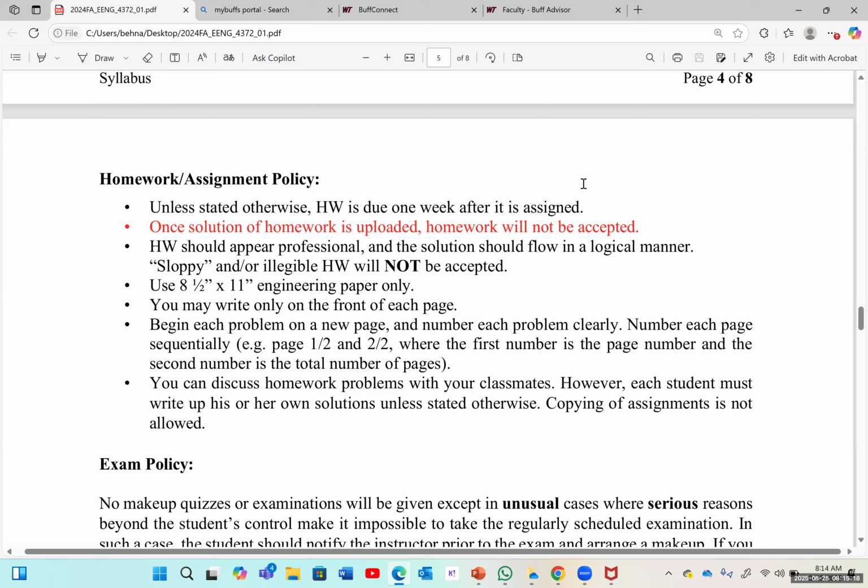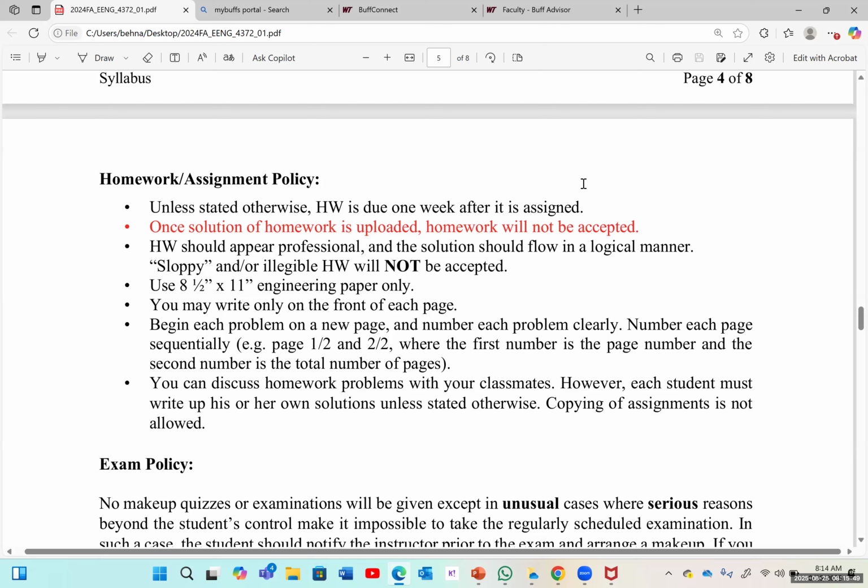So as mentioned, the homework is due 1 week after it's posted. And once the solution of the homework is uploaded, the homework will not be accepted. The homework should appear professional, and the solution should flow in a logical manner. If I can't read a homework, unfortunately, I can't grade it. Some students don't take a clear scan of their homeworks when they upload it.